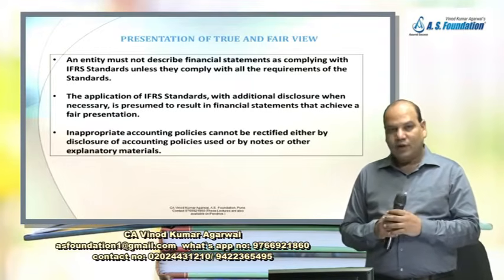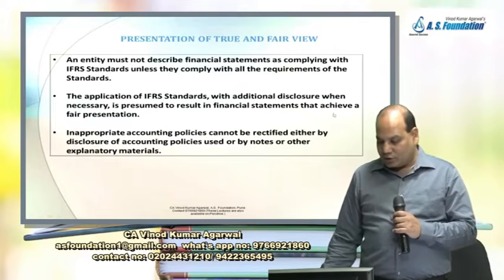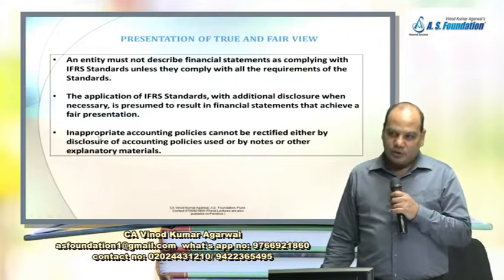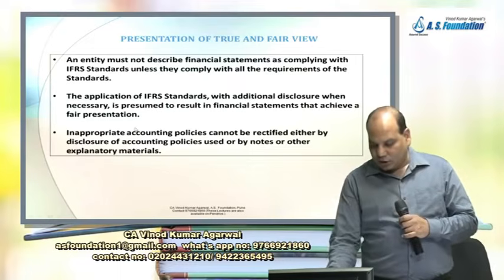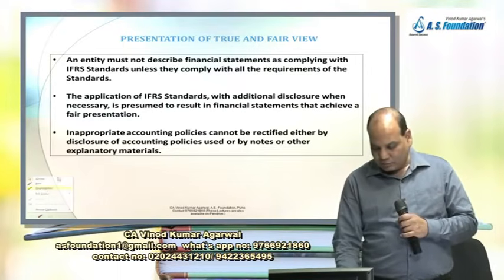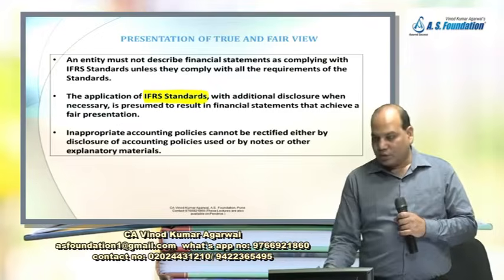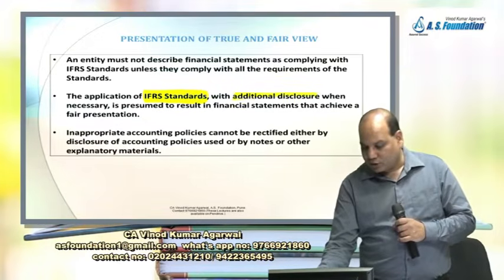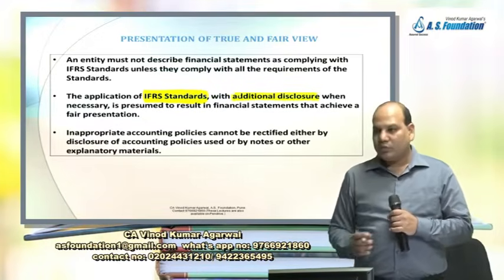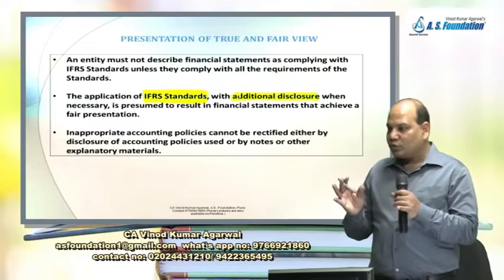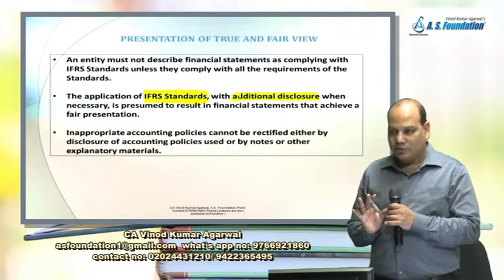The application of IFRS standards with additional disclosures when necessary is presumed to result in financial statements that have achieved a fair presentation. These IFRS standards are so detailed, so comprehensive, that if you apply them properly and if you provide all the disclosures that are mentioned there, then automatically what will happen? Your financial statements will achieve, to a certain degree, fair presentation.